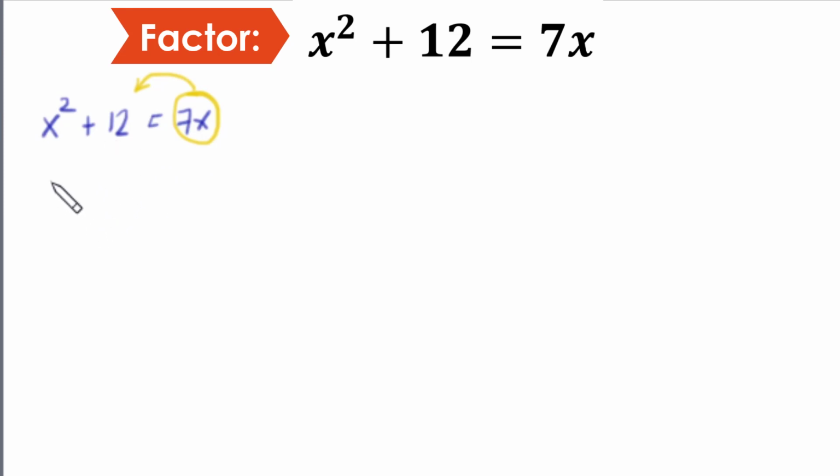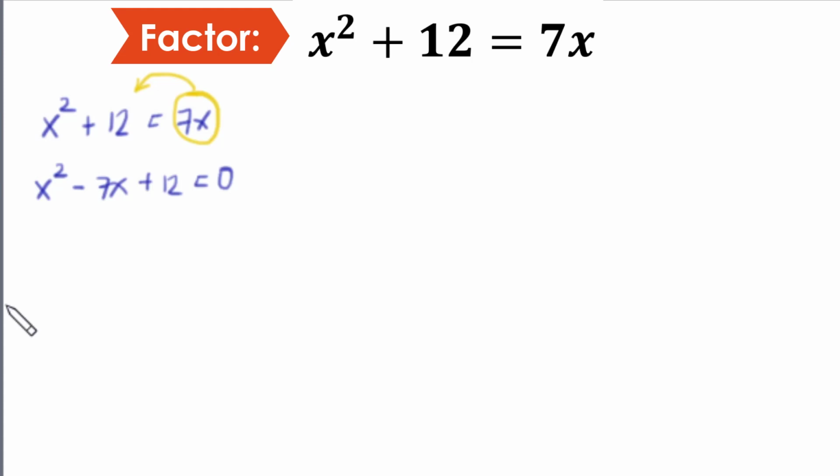So it will become x squared, since this is positive 7x, once we transpose it, we'll just change the sign, so it will become minus 7x plus 12, that is equal to 0.